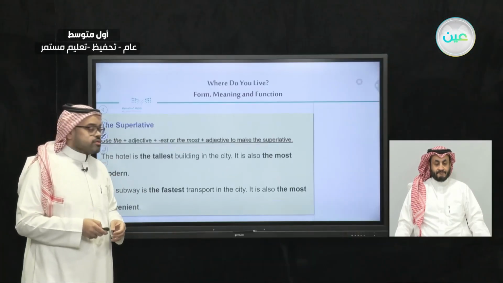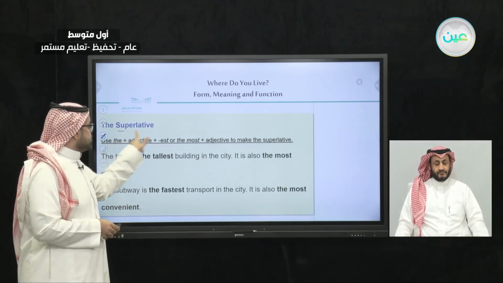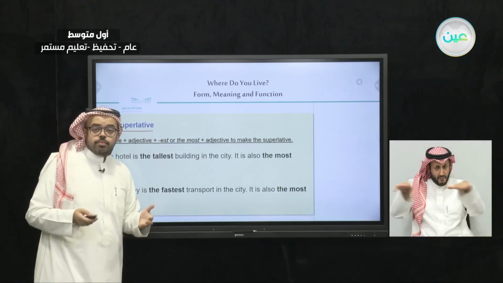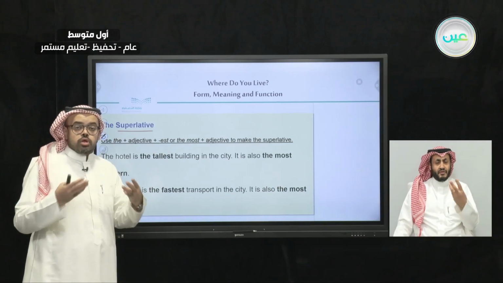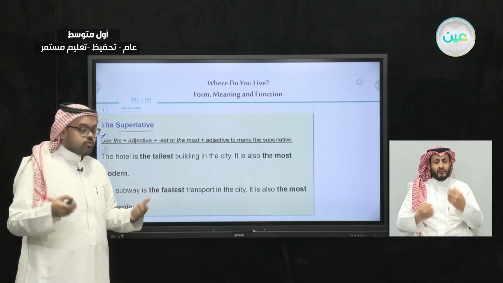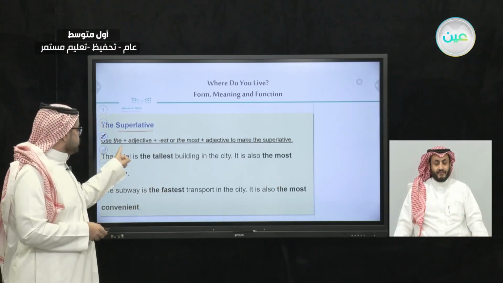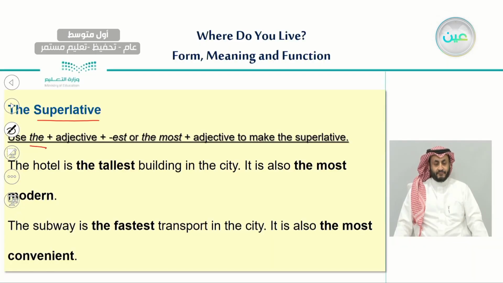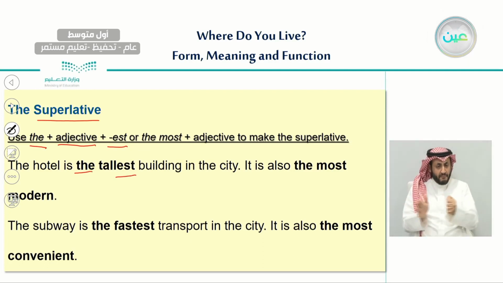The other comparison form we have is the superlative, where we can compare between three things, three people, or even more. For example, we use the article the and the adjective, and we add EST to the adjective. For example, the hotel is the tallest building in the city.